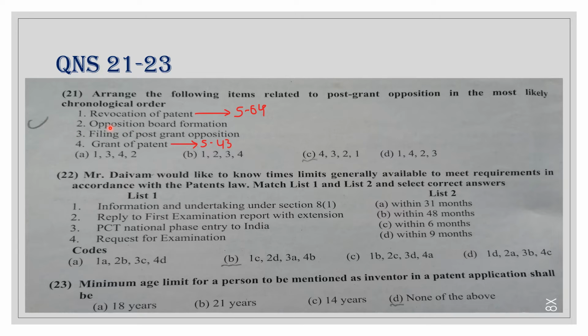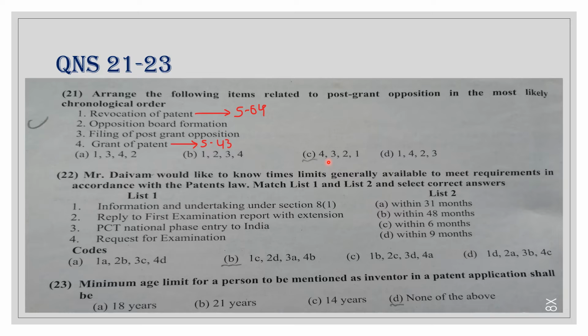And after all these activities are done, then there can be a chance of revocation of a patent. So the correct sequence will be 4 3 2 1. So the correct option is option number C.